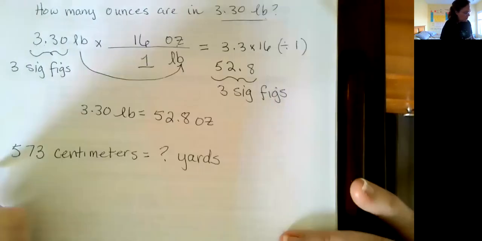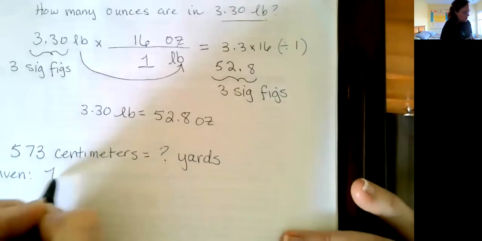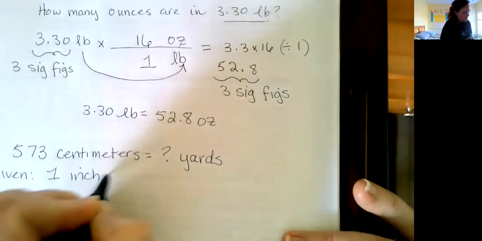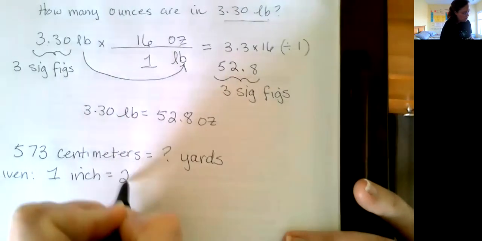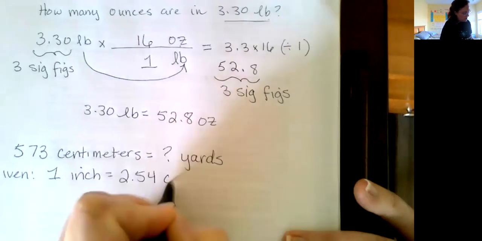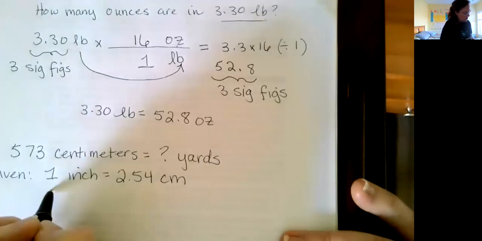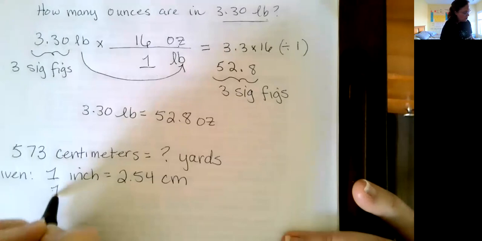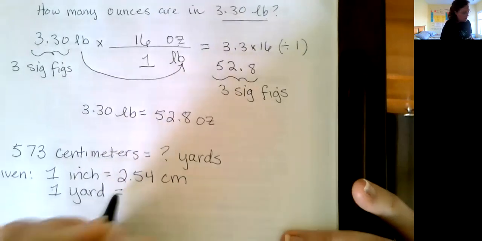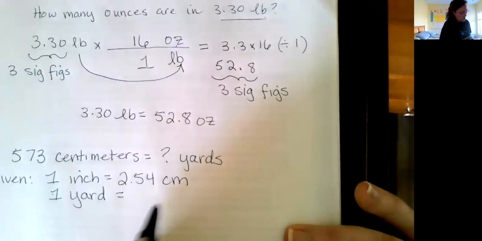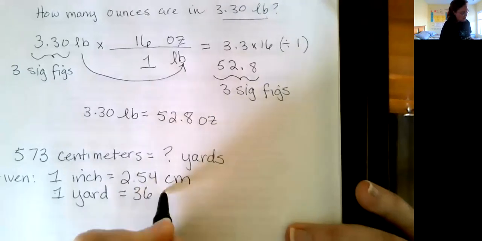And I'm going to give you 1 inch is equal to 2.54 centimeters, and 1 yard is equal to 36 inches.